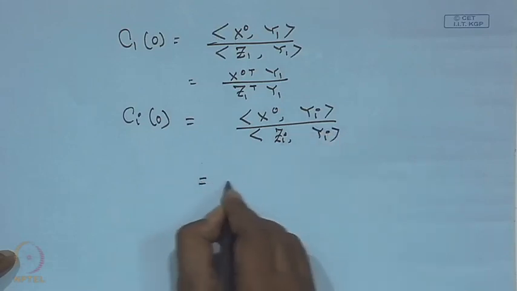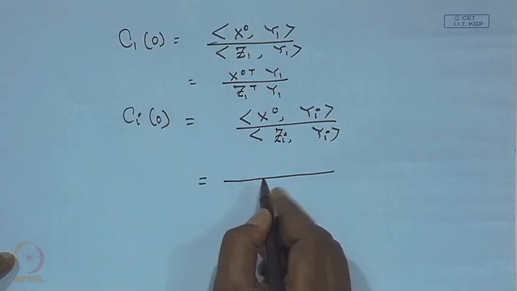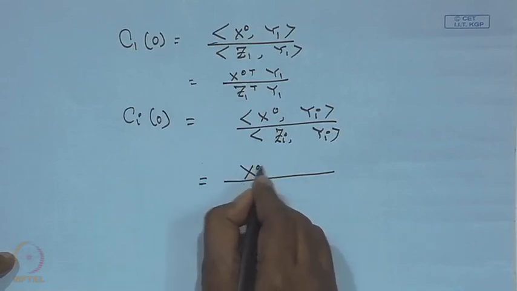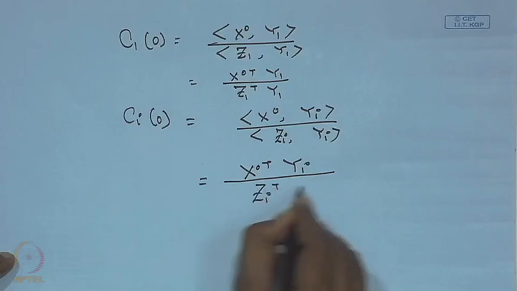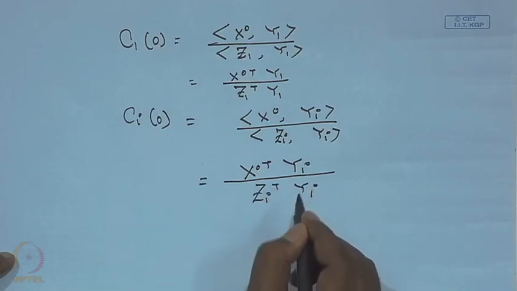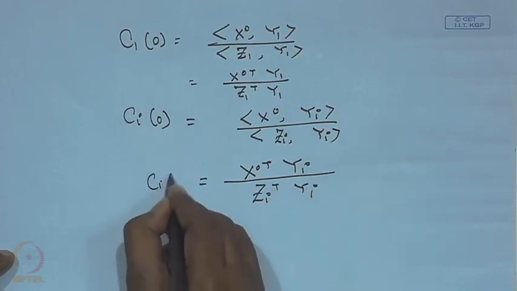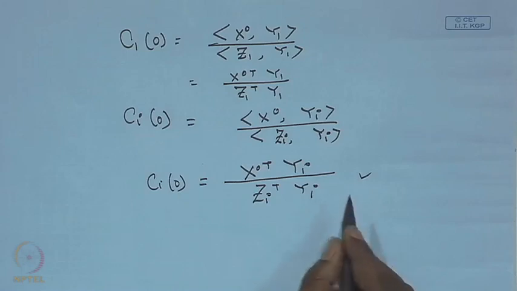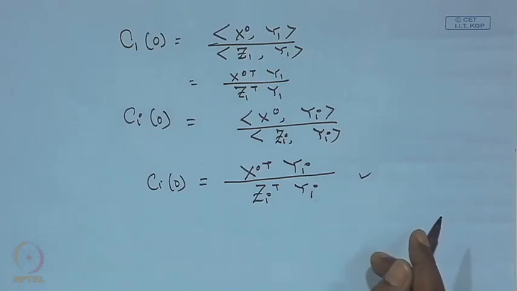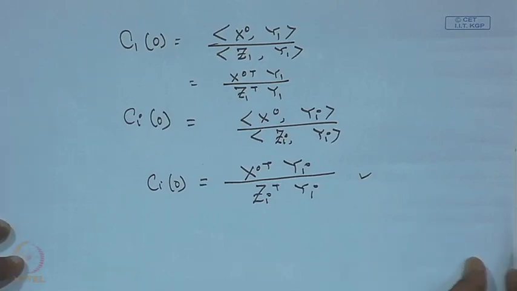You can put this into matrix multiplication form, x_0 transpose y_i over z_i transpose y_i. That will be the form of coefficient synthesis in the above solution. Next we will talk about the other parts of the solution.